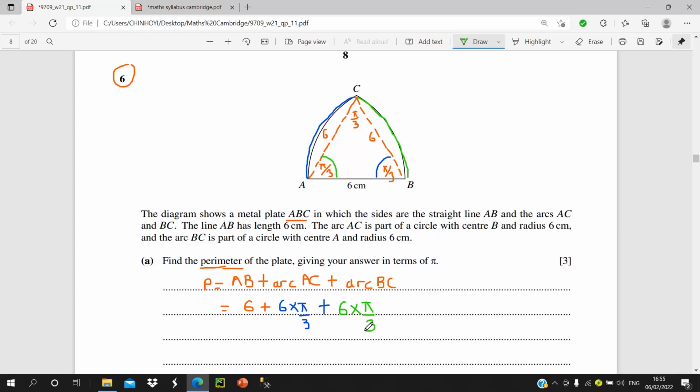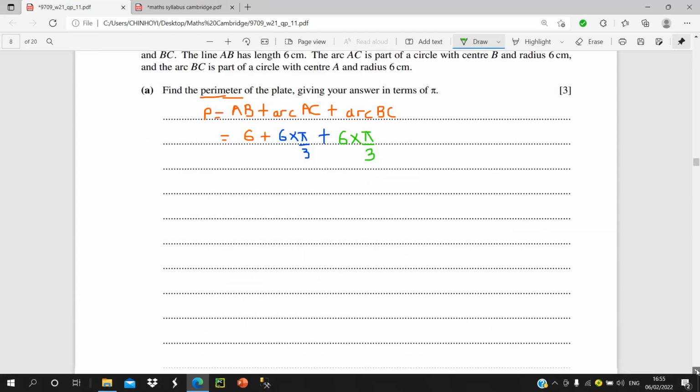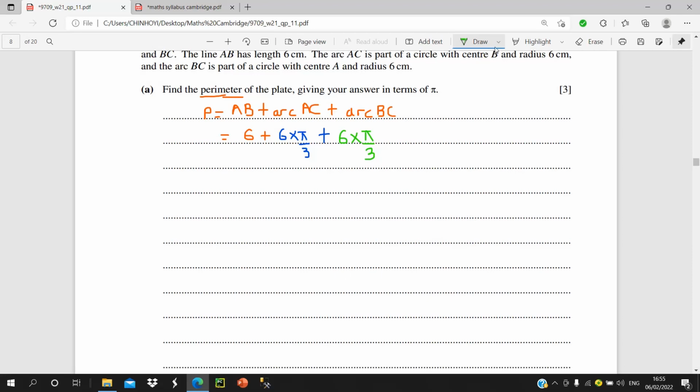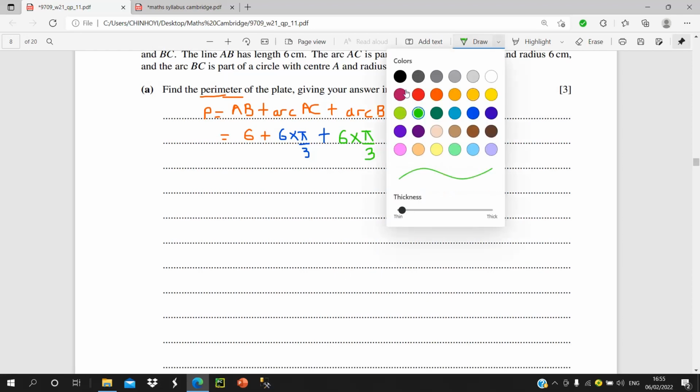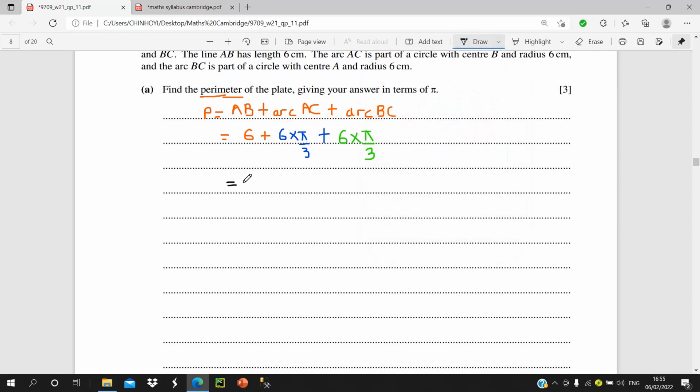So if you simplify, let me use black in this case. We are going to have 6 plus, then this 3 goes into this, we are going to have 2 pi, plus, again this 3 goes into here, we have got 2 pi.